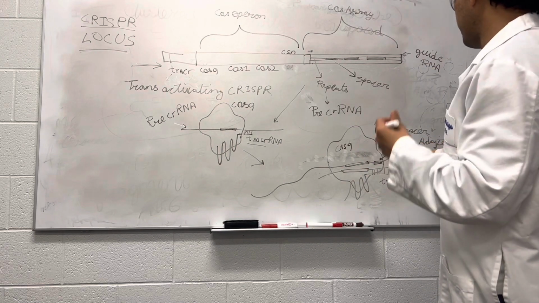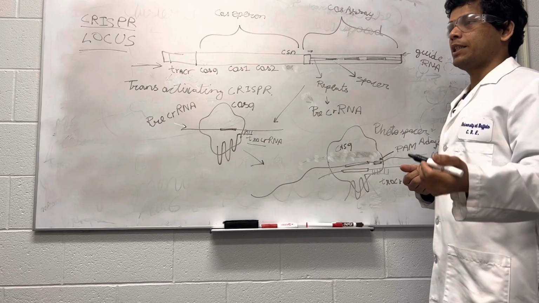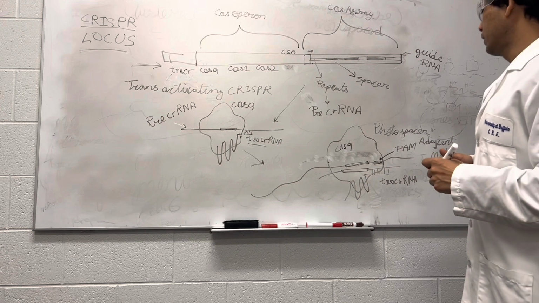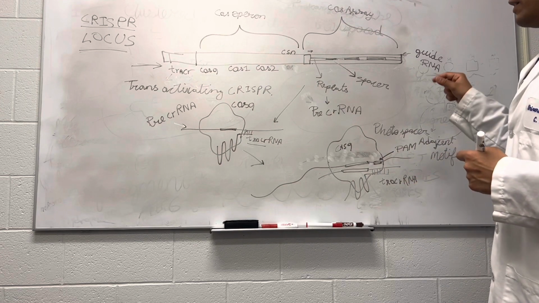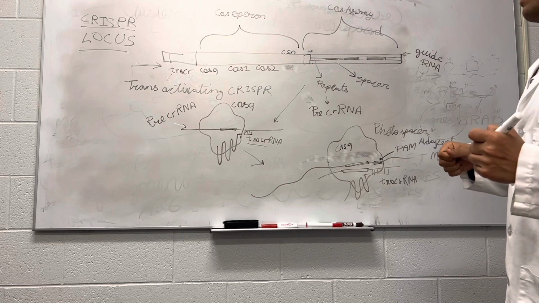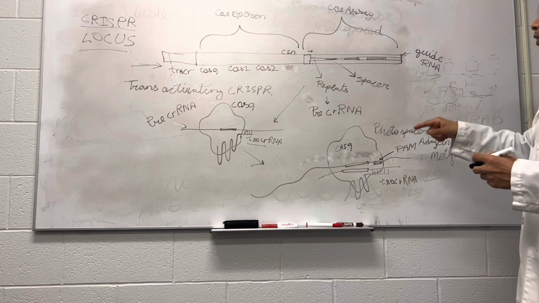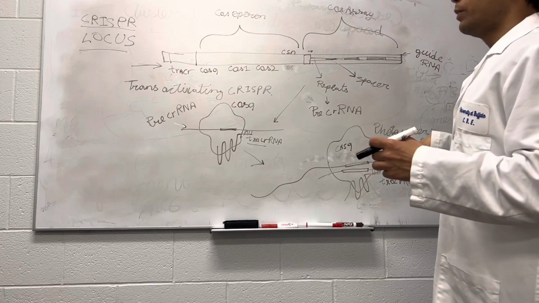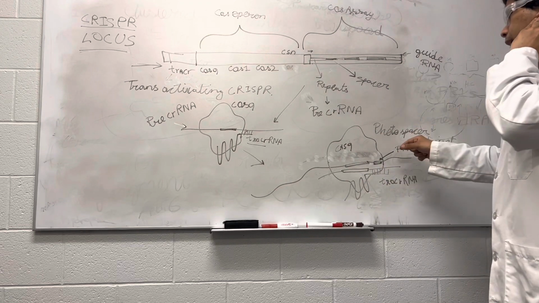The PAM sequence gives additional precision in gene editing, because if there is no PAM sequence available, this Cas system will not function and will not cleave off the site or do the editing.